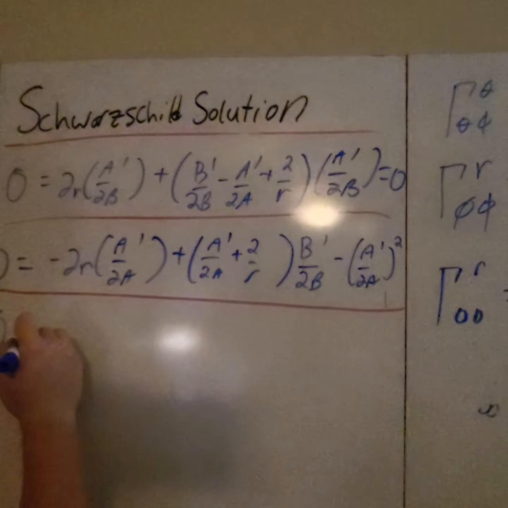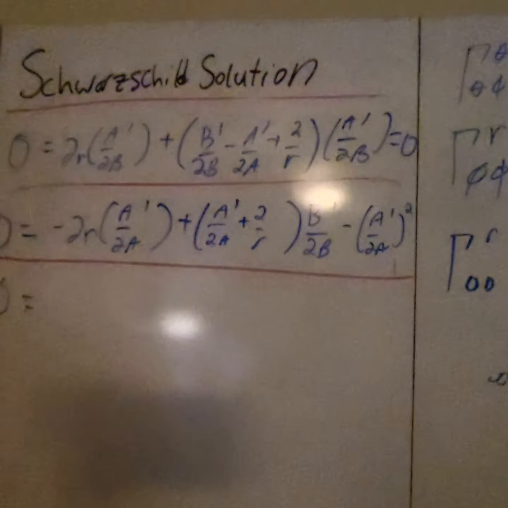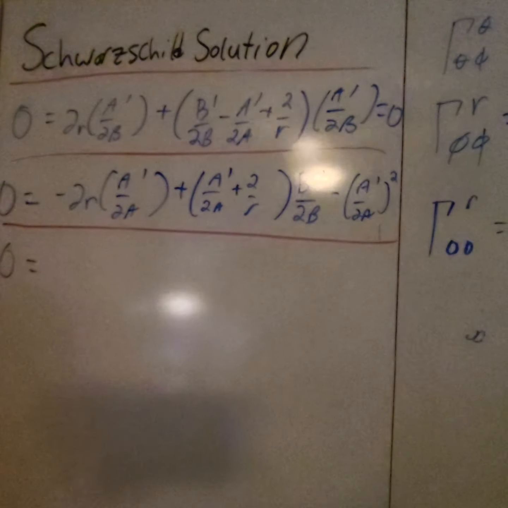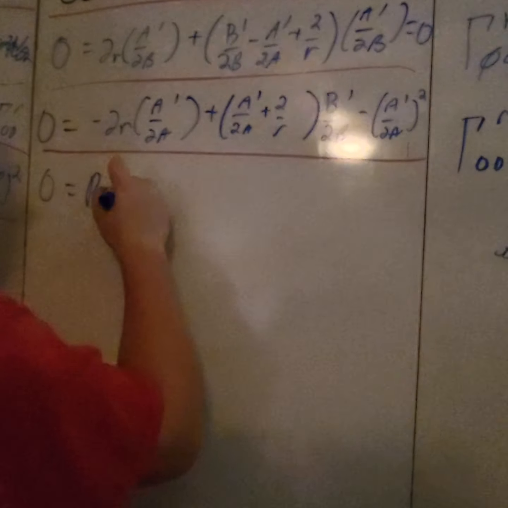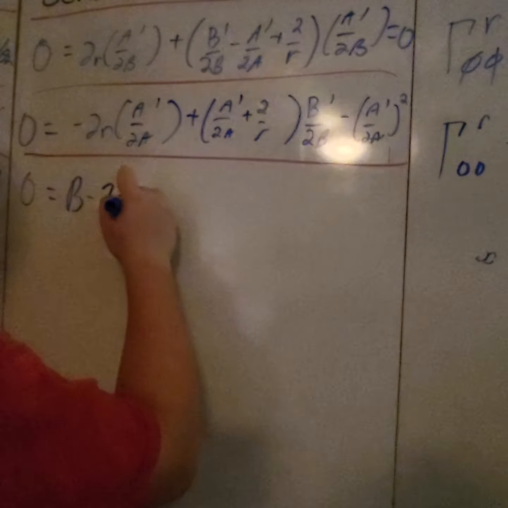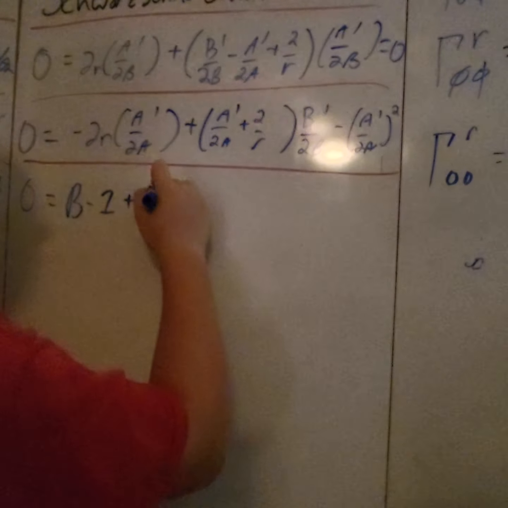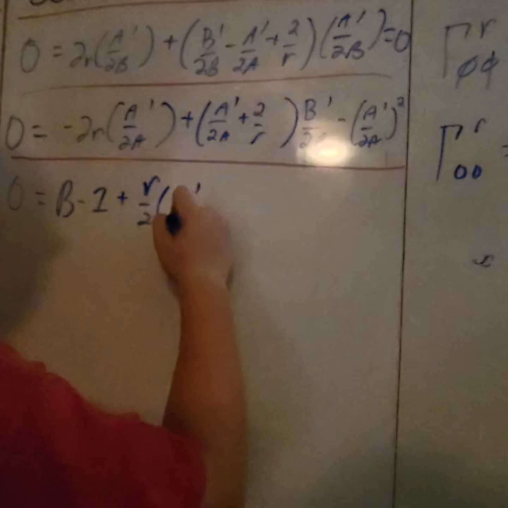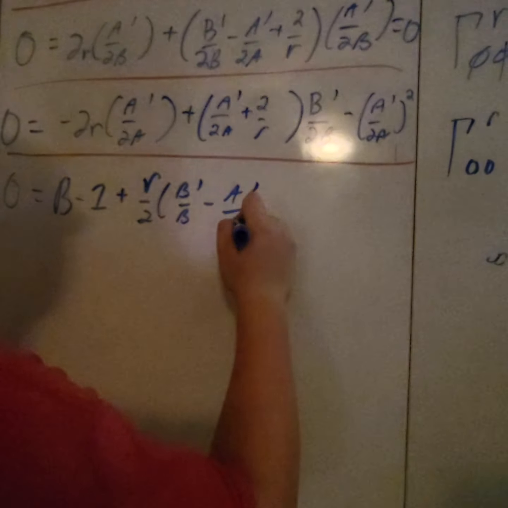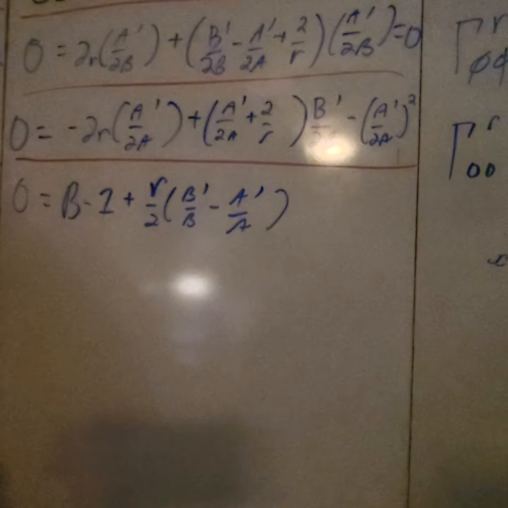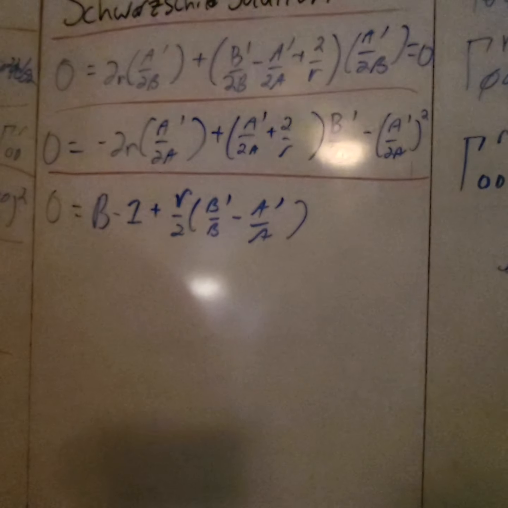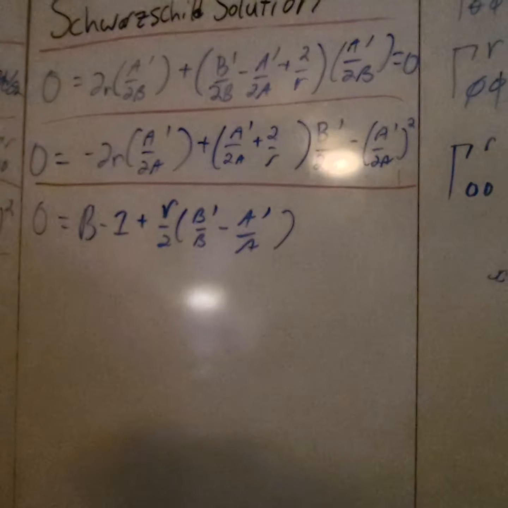And 0 equals, we're going to multiply all that by a factor of b. B minus 1 plus 1/2 R over 2 B over B minus A over A. Yeah, okay.